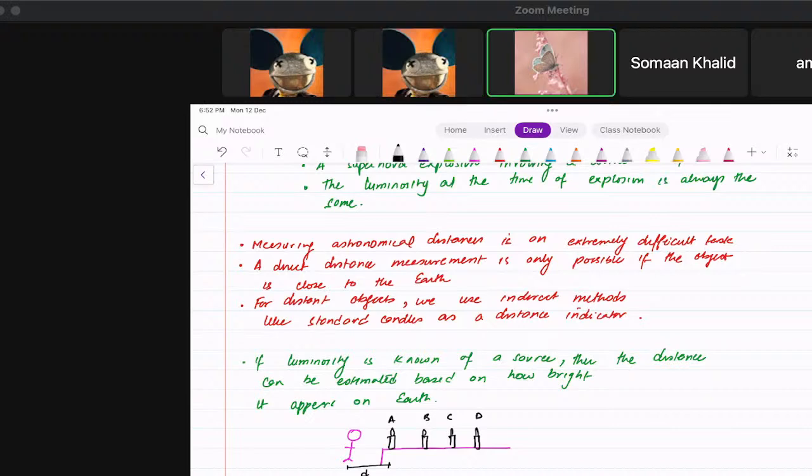So if there are four cars of the same type giving the same light, and you know exactly the brightness of one car, then you can estimate how far the others are. So you make A your standard candle, and compare all of these with respect to A: if A was at distance D from us, then what would B, C, and D be? Do you understand? Like that.